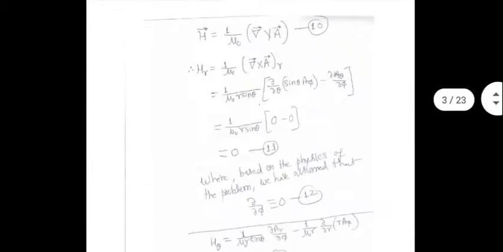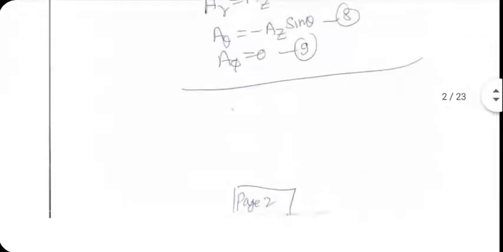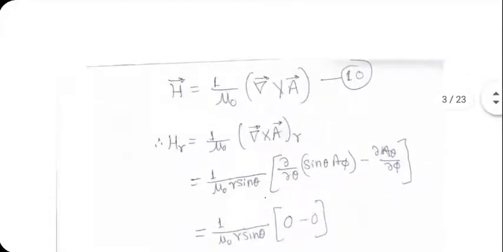Second step is to figure out H. Based on this definition, H equal to 1 upon mu naught del cross A. A has only AR and A theta components. The curl of A has three components, right?